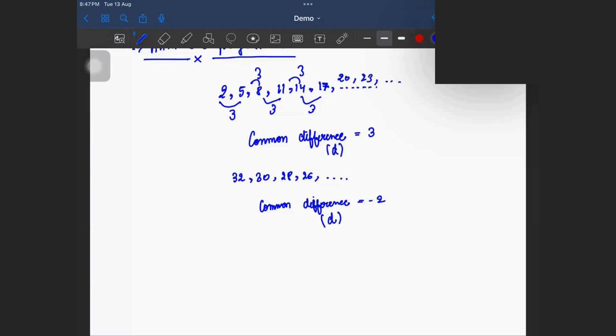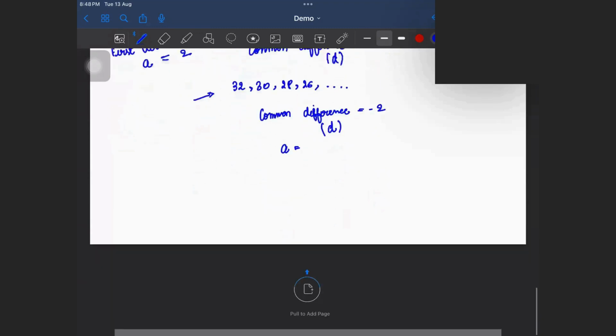And the first term of the sequence is denoted by A. So in the first sequence, A is 2, and here A is 32. What is the A in the second sequence? Nikhil, are you with me?